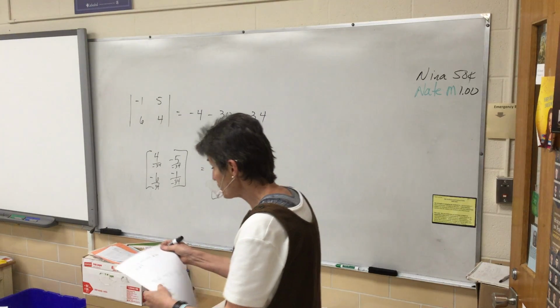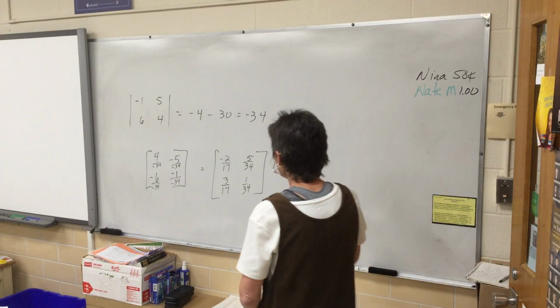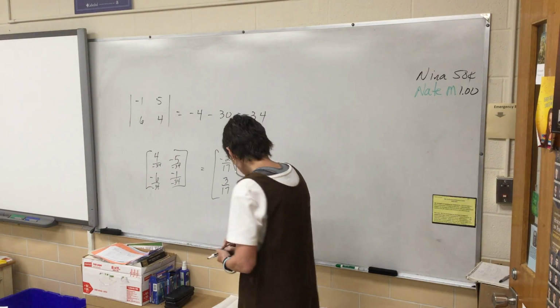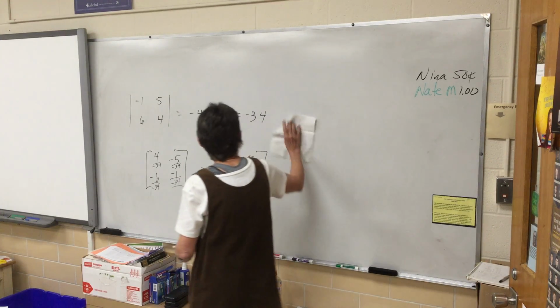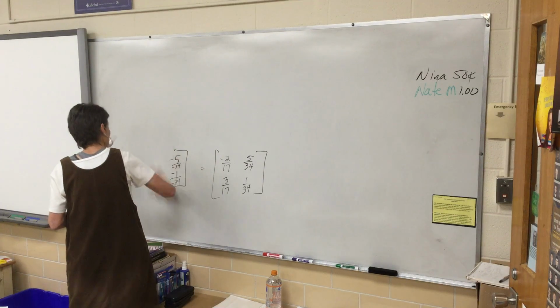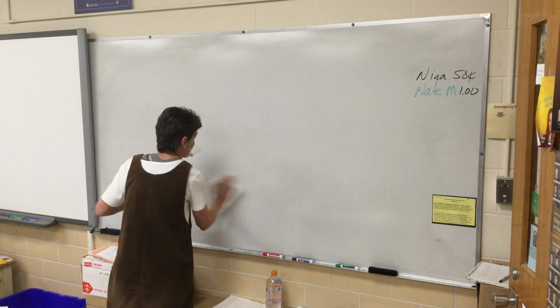It says solve using the inverse method. Okay, so we just found an inverse. So that's going to be the first step of this problem. Because if you're using the inverse method, you need to have the inverse.